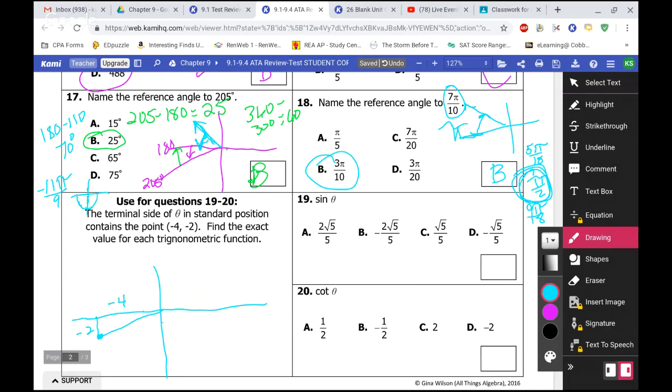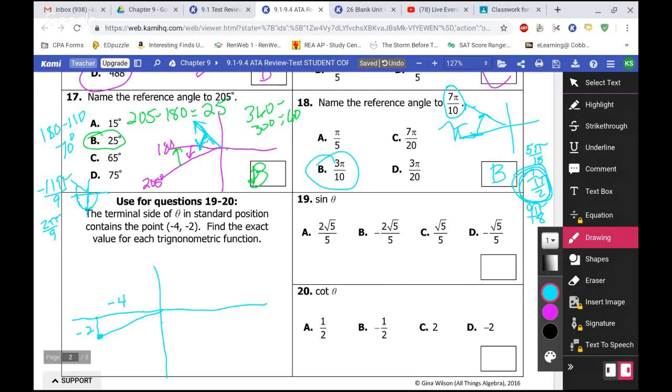And then 9 pi over 9 would be right there, right? And then I'm going to go a little bit further, so it's going to be here. So my reference angle is going to be 2 pi over 9, because I went 2 pi over 9 past pi. Does that make sense? A little bit. Yeah, I got it.